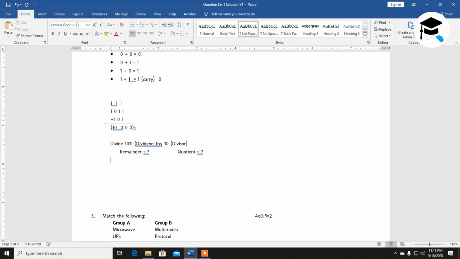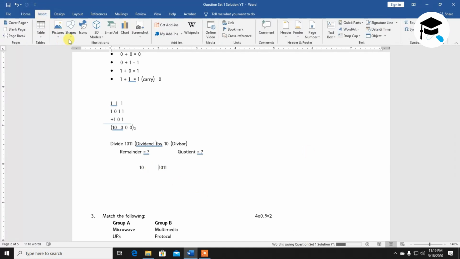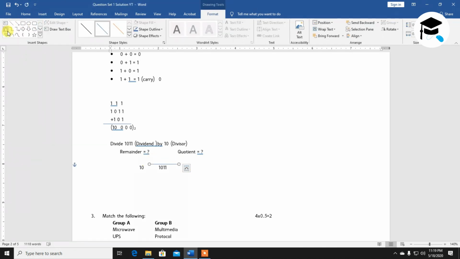So let's perform this also. 10 is the divisor, and 1011 needs to be divided by the divisor. It's the dividend, it's the divisor. Let me insert one shape, a straight shape. Okay, I think it's okay.